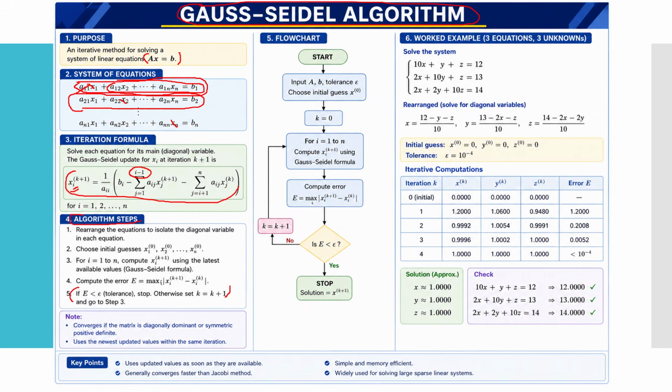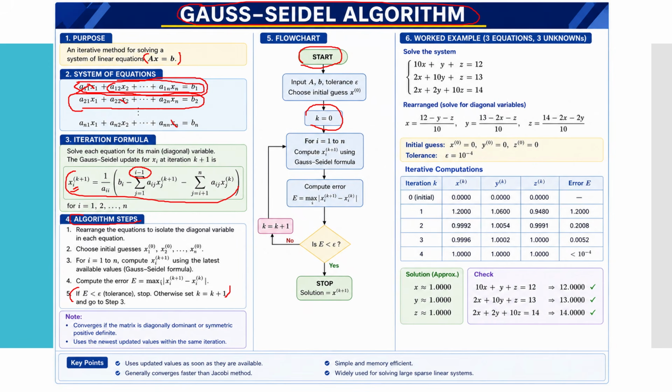So the general flow diagram is that we start the algorithm by rearranging the equations, input the variables and tolerance, then do the first calculation, then check the error. If the error is greater than the tolerance, we compute the next iteration. So the stopping criterion is based on the error change. Let us see these algorithms using an example.